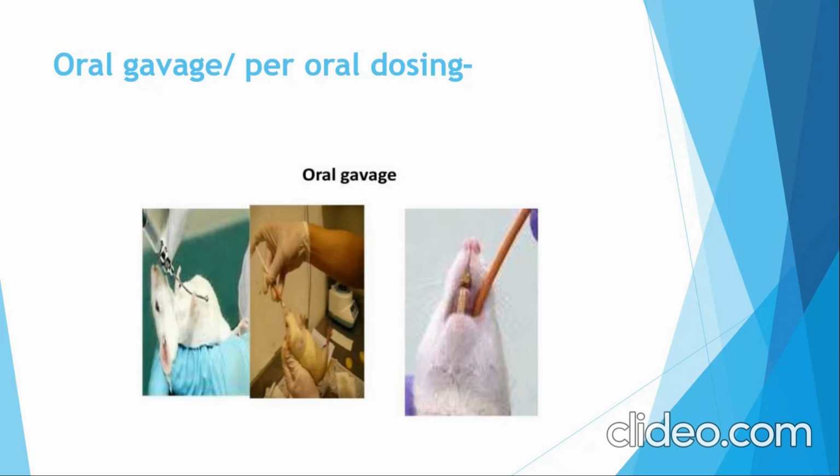It has a slight curve towards the end, and it is inserted into the rat's mouth in such a way that it does not enter the respiratory system of the animal. It needs to be easily inserted into the esophagus, and when it enters the esophagus, at that time we can give the optimum dose to the rats.